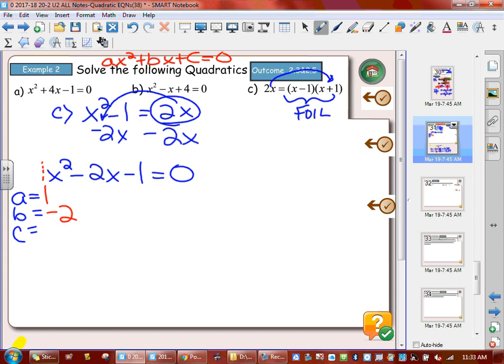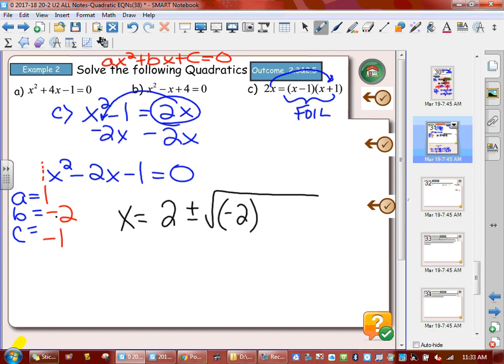Now we're going to put them in the equation. So, x equals opposite sign of b. We have a negative b value, so he's going to become positive 2 in front. Okay, it's always opposite sign of the b. Plus and minus root of b squared minus 4 times a times c.